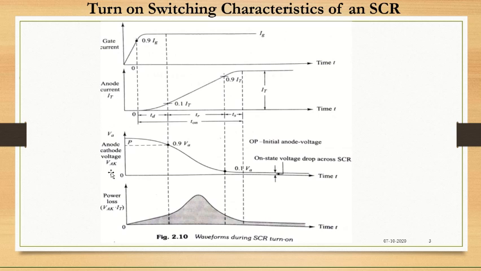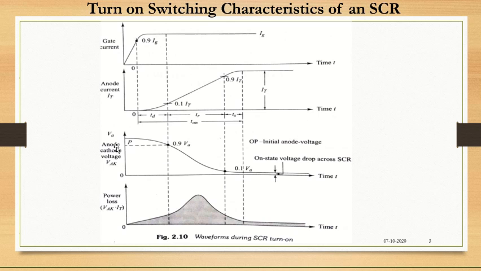We will be observing this in a circuit with a pure resistance, recording the parameters, and if we plot them, the waveforms we get give us the turn-on switching characteristics.